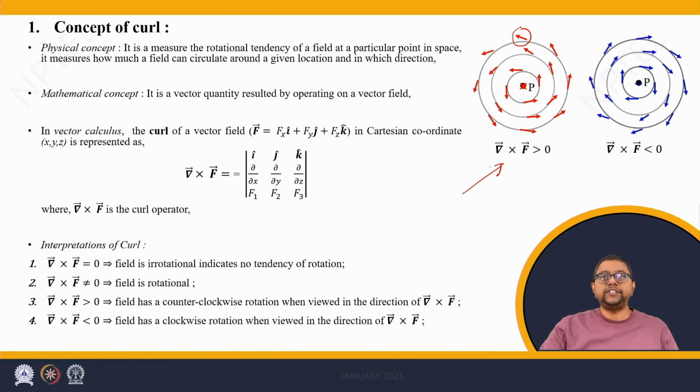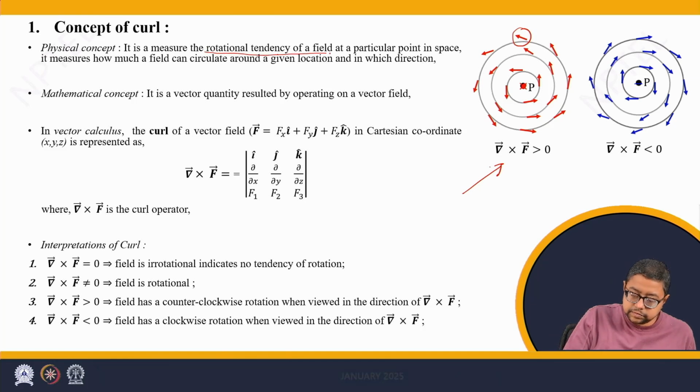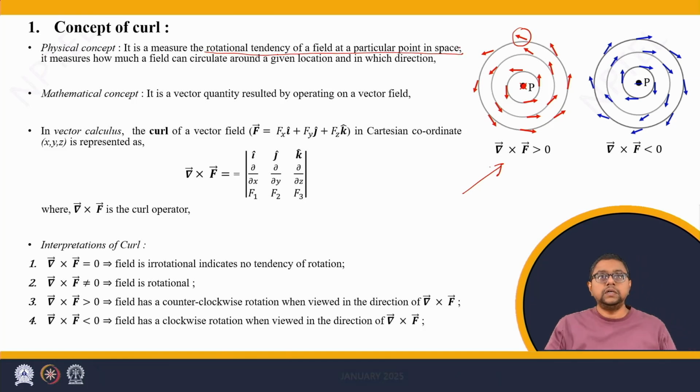Note that the direction of the field is nothing but the tangent to the field lines. Due to this rotational character, the field lines appear as circular lines. The field lines may also be elliptic or any other closed loop for the curl to exist. Thus, the measure of how much a field can circulate around a given location gives the curl.